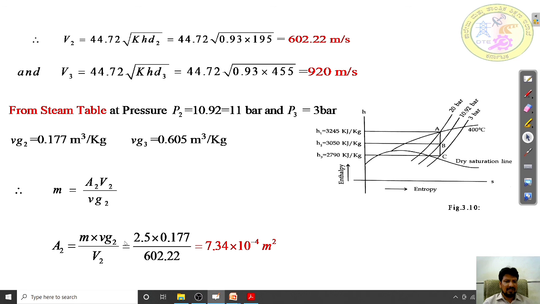Here the M value is 2.5, given in the problem, Vg2 corresponding to a pressure of 11 bar is 0.177, and V2, the velocity at the throat we calculated, is 602.22. After calculation, you will get 7.34 into 10 to the power of minus 4 meter square. So this is the area at the throat.